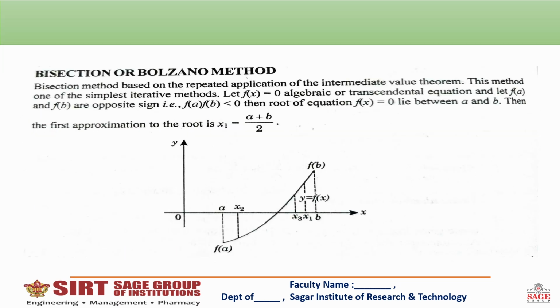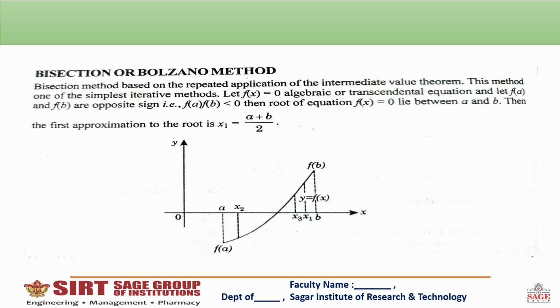Next is the bisection method. The bisection method is based on the repeated application of the intermediate value theorem. That means if f(x) equals 0, which can be an algebraic or transcendental equation, then we find the roots of this equation.